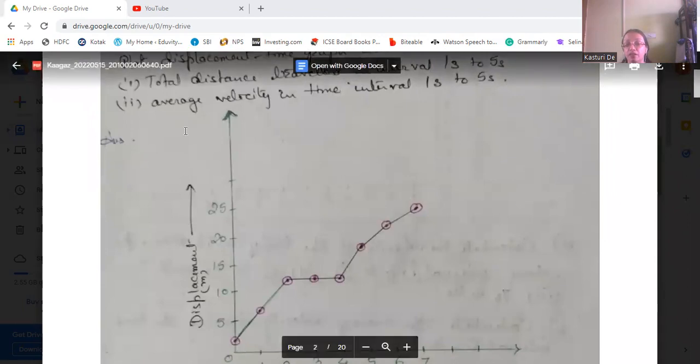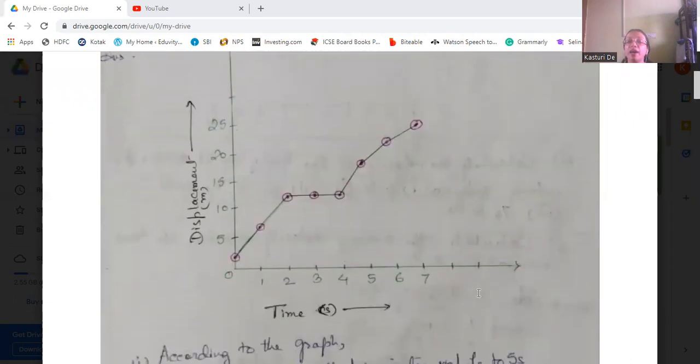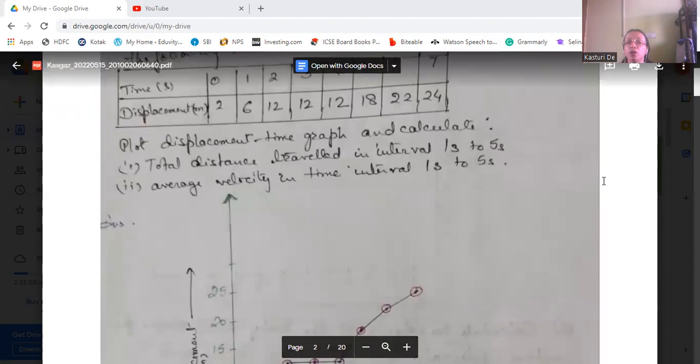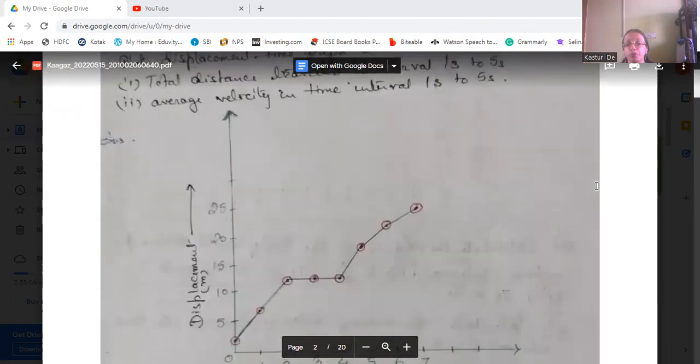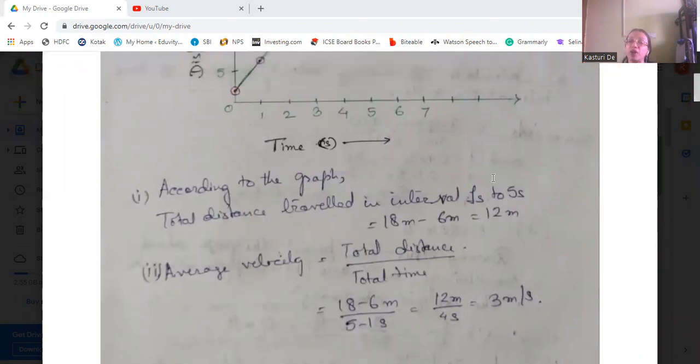So it becomes static here; there is no displacement from 2 to 4. Then at 5, it moves on to 18. Then at 6, it moves on to 22. At 7, it is 24.